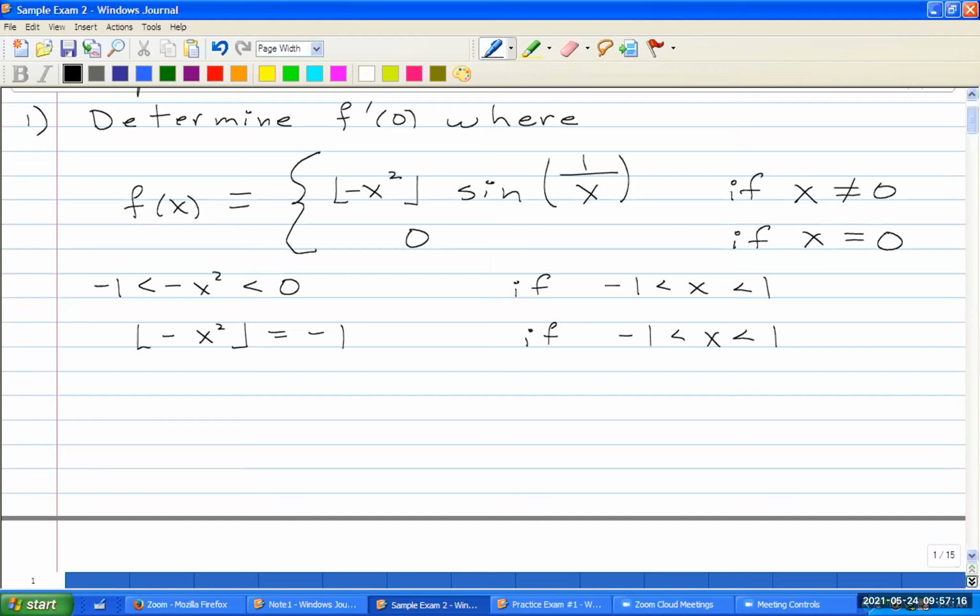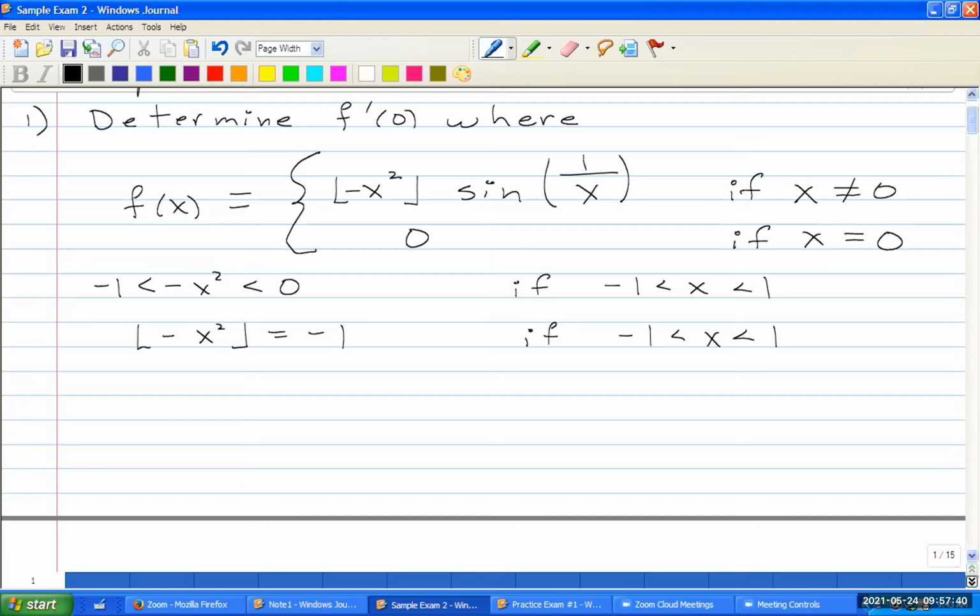It's the greatest integer, it's the least integer that's greater than or equal to any of those. And so it's the left one, it's the floor.